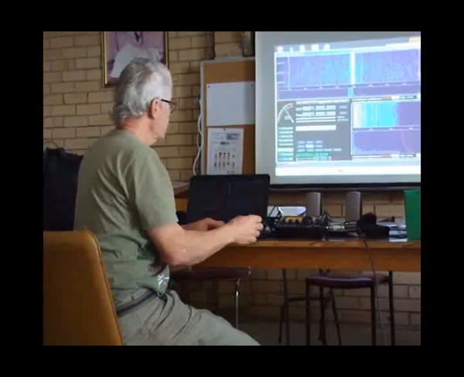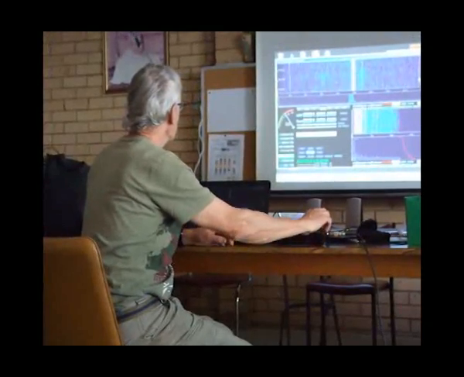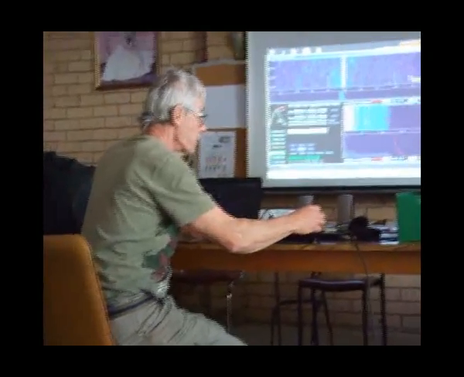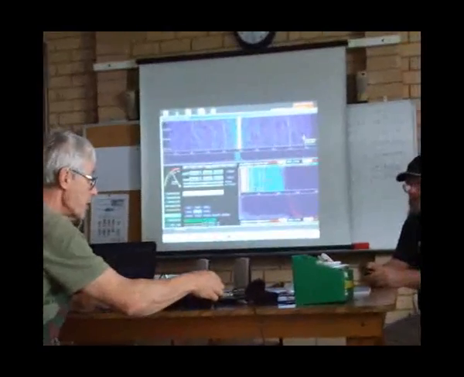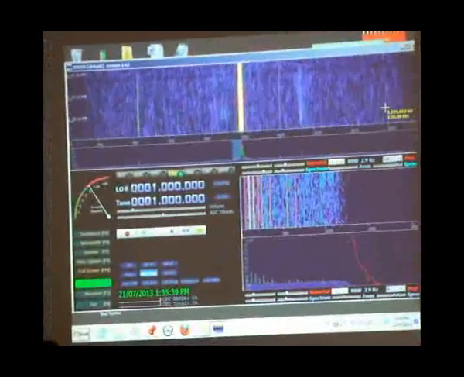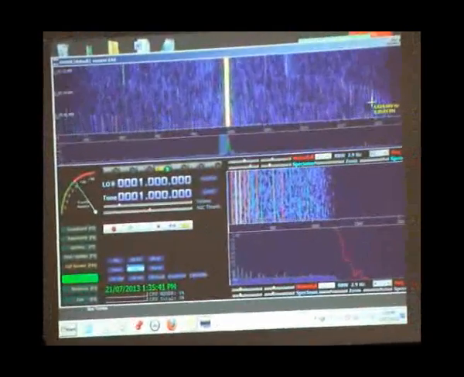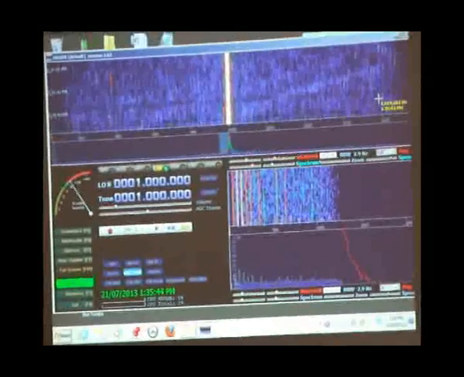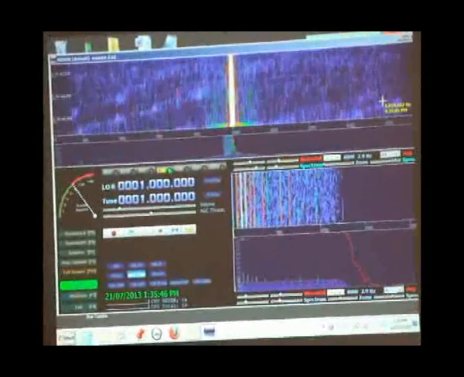So if you're contesting, for example, I can put that back on the other function, the fast tune function, and unfortunately there's no signals. Are there any signals? The band's just absolutely dead as a doornail.